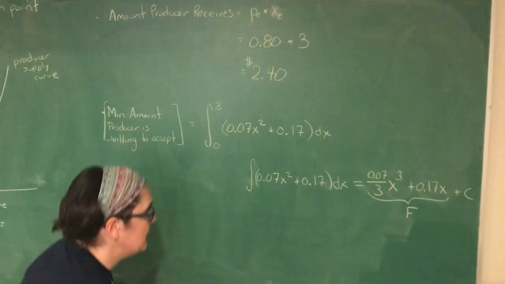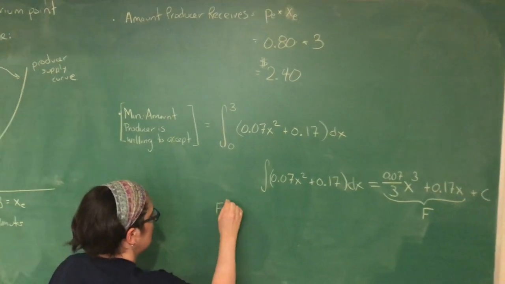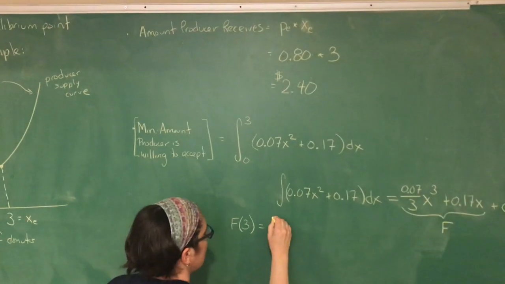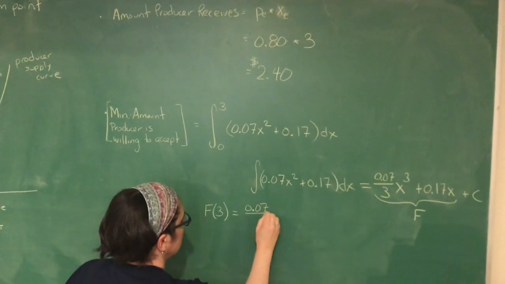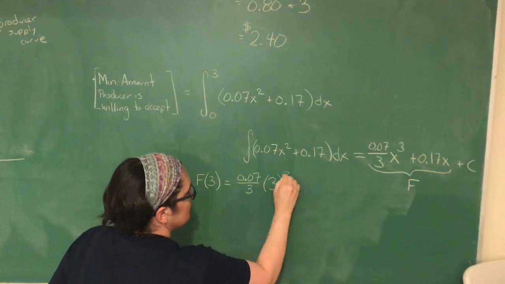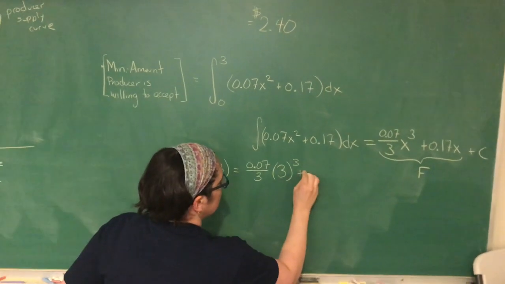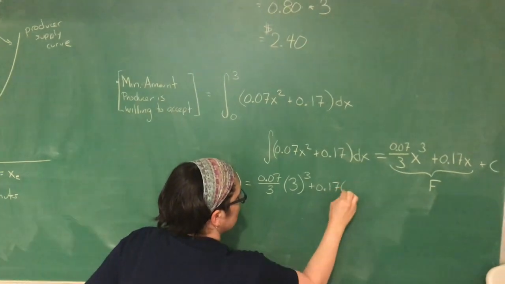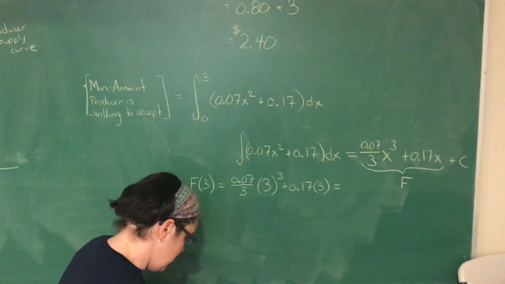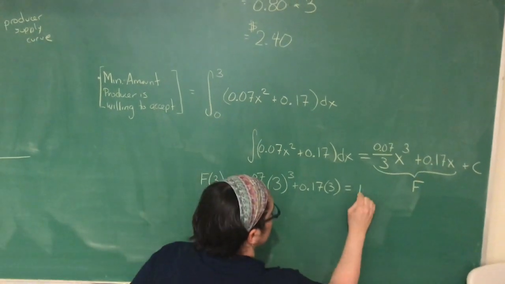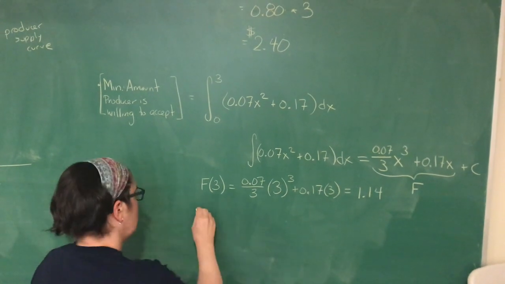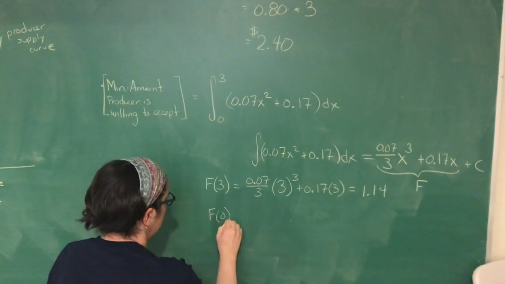And so I want to evaluate capital F at the top bound, which is x equals 3. So we have 0.07 over 3 times 3 to the third plus 0.17 times 3. And I crunched this ahead of time, and what I came up with is 1.14. Okay, and then I plug in the bottom number.